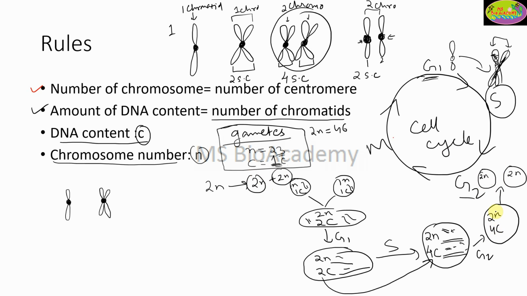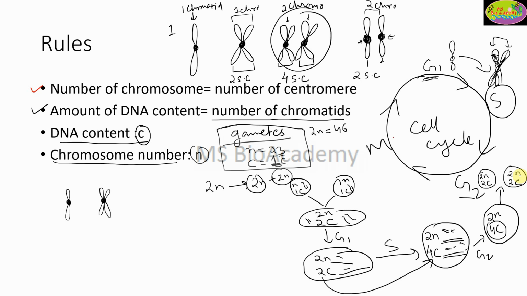The DNA content will be restored to 2C, right? So 2C, 2C, one copy each will go to the daughter cells. That's why it is 4C here, because it needs to be equally distributed in the two daughter cells. That is how you can find out the DNA content, the number of chromatids and the number of chromosomes.